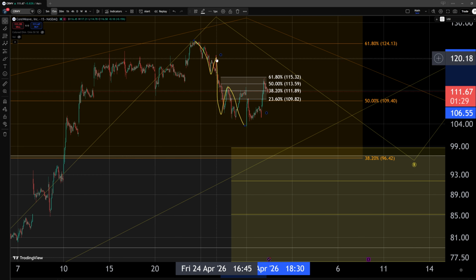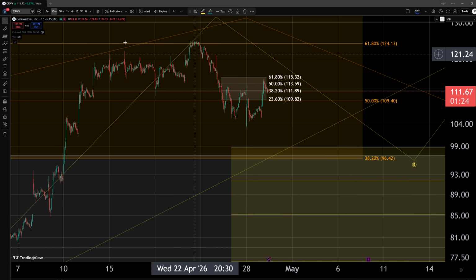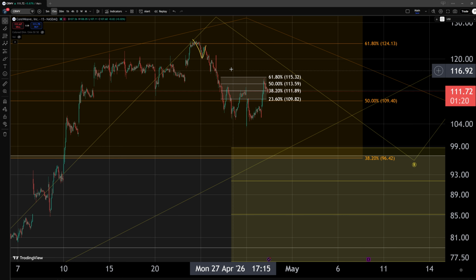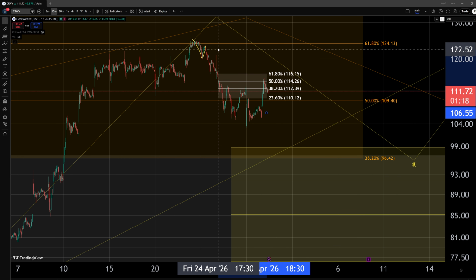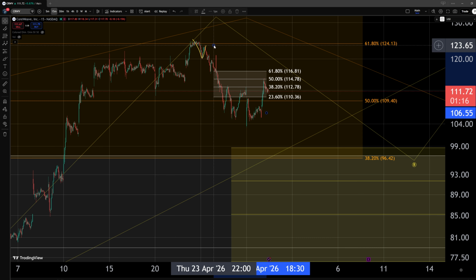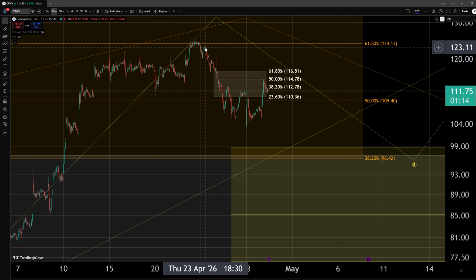We have managed to build a 5-wave move to the downside, and by the way, that's not the only possible count. I could realistically track it as something like a 1, 2. Here doesn't really matter. This area of resistance might have actually been able to go even a little bit higher. Yeah, I actually prefer this structure, but that's not the point. We have built an initial 5-wave move to the downside.